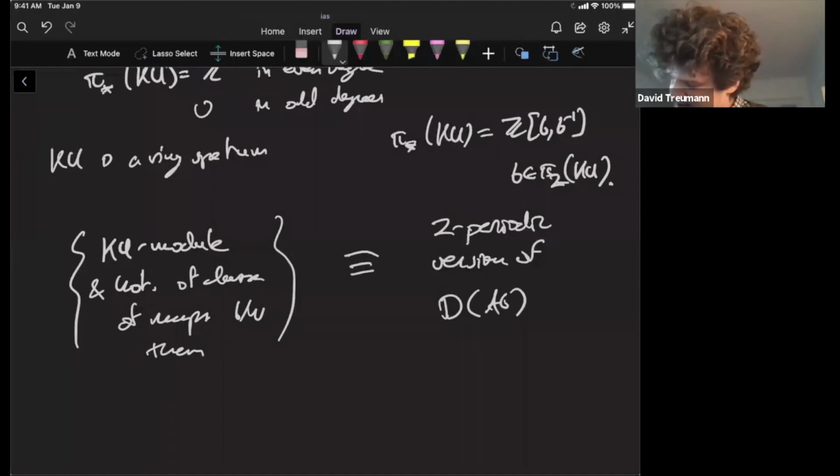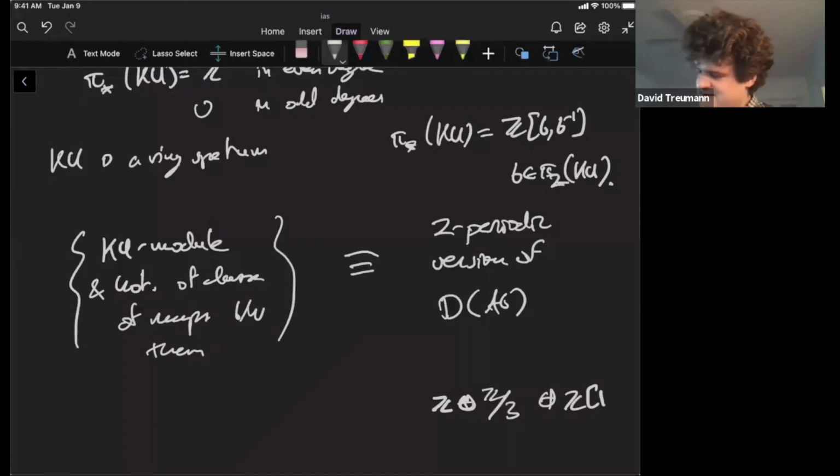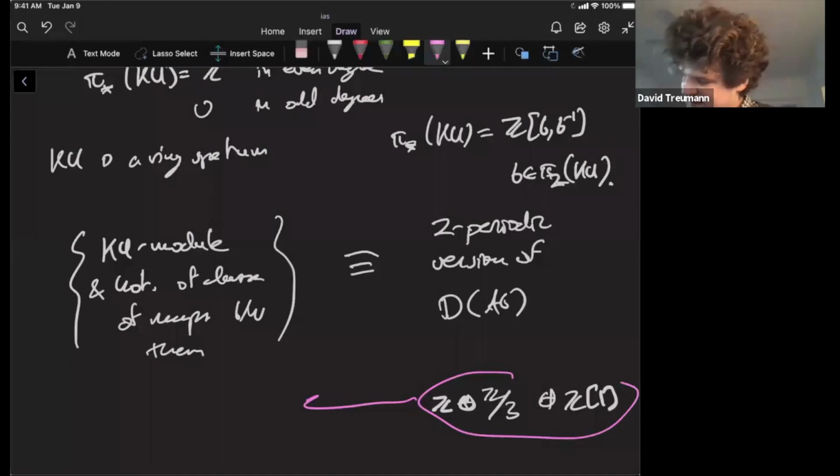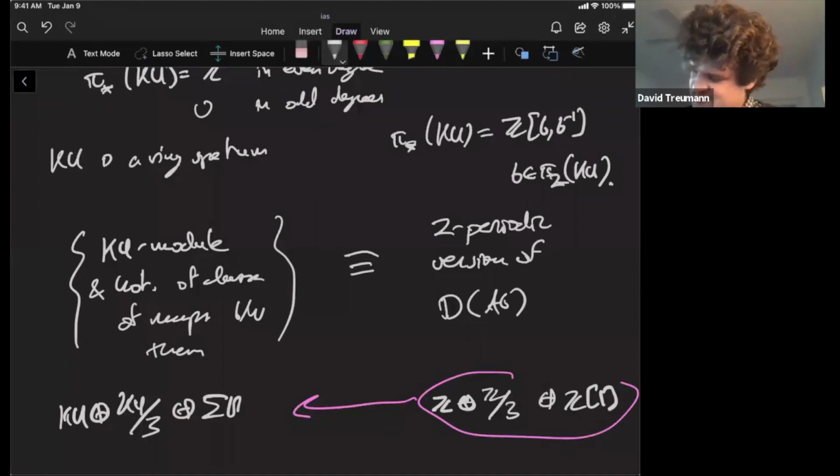So if you have some object in the derived category of abelian groups, say Z plus Z mod 3 plus a shift of Z, this matches a KU module spectrum, which is easy to guess. You'd call it KU direct sum KU mod 3 direct sum the suspension of KU.